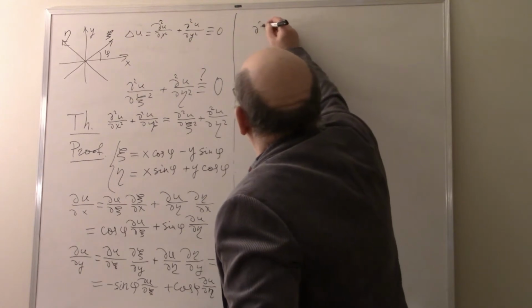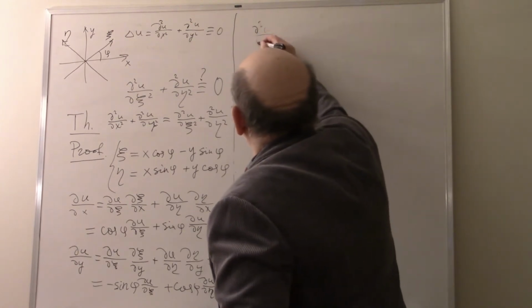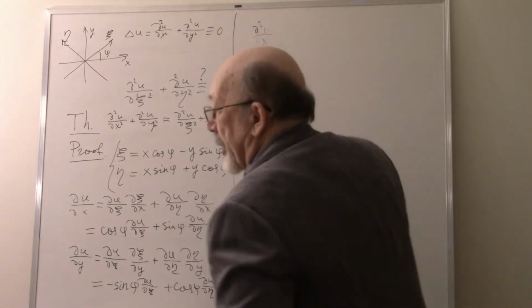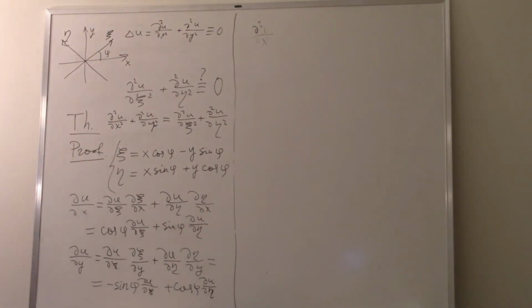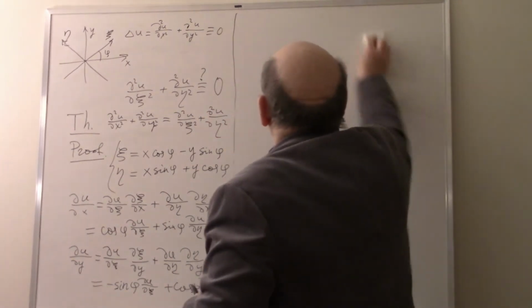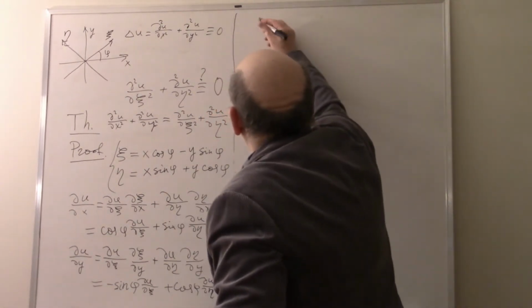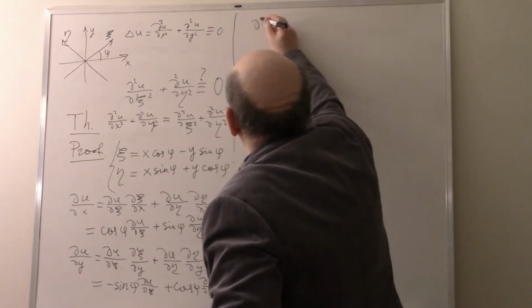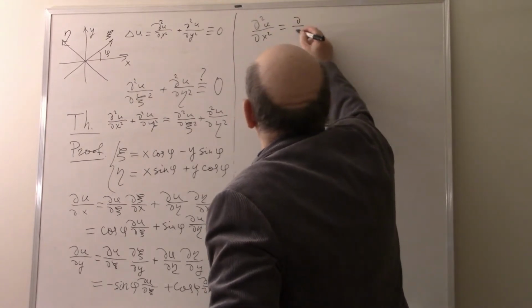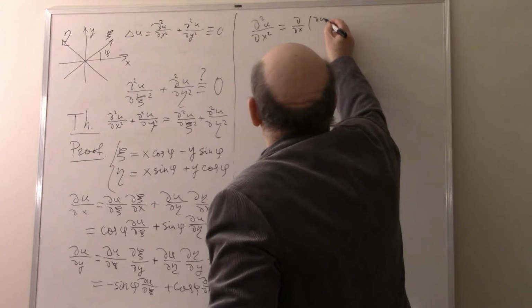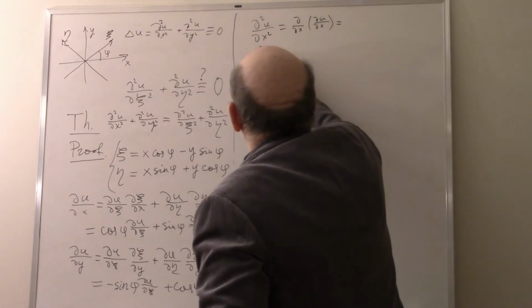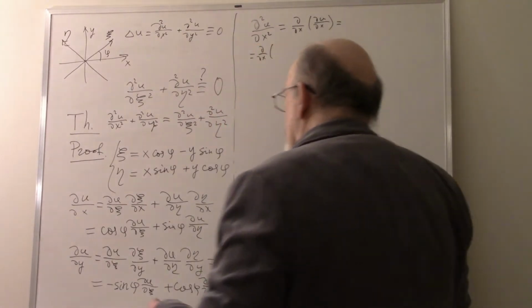Second derivatives. d2u dx square. Oh, I'm sorry, it is wet. d2u dx square equals d dx of du dx. Yeah, equals d dx of what is du dx.